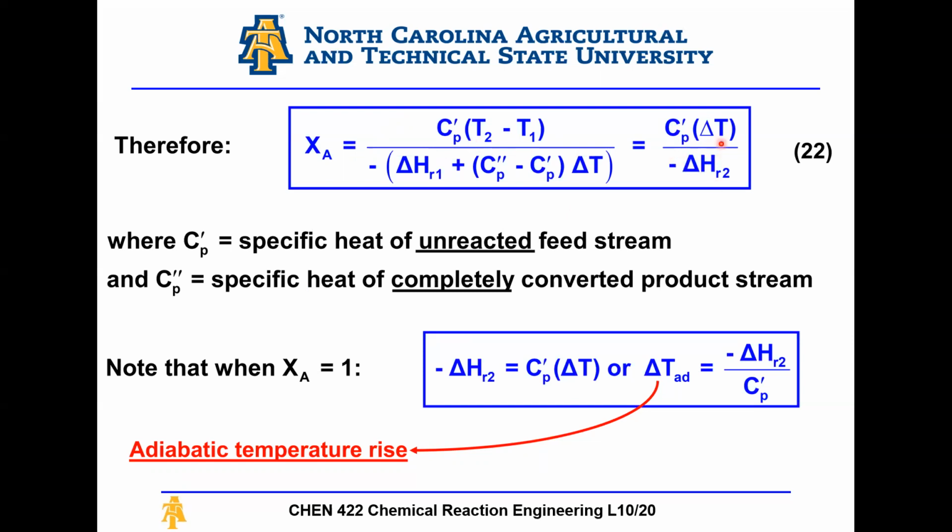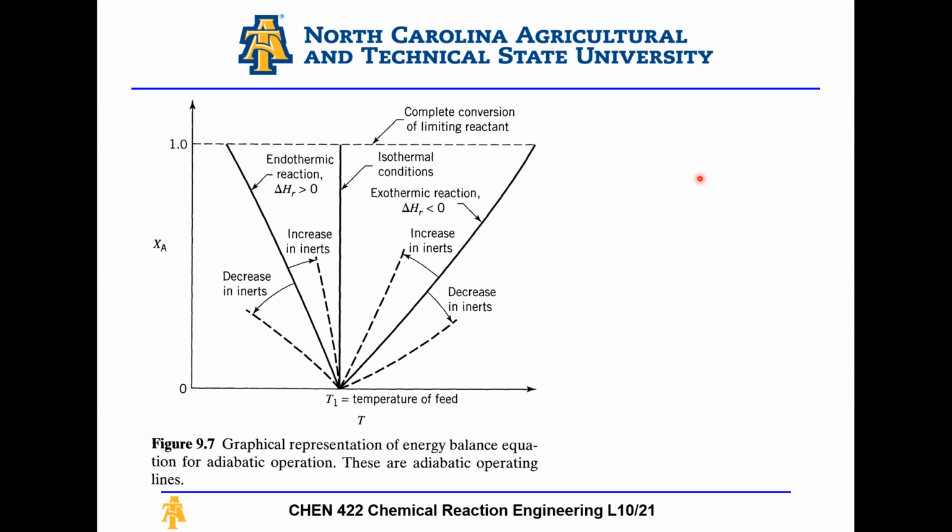The slope of this line will be negative because I have this negative sign here. Whereas for an exothermic reaction, this negative sign cancels with the enthalpy, so the slope is positive. Okay, and this is what this represents. Something to keep an eye out for or to think about.